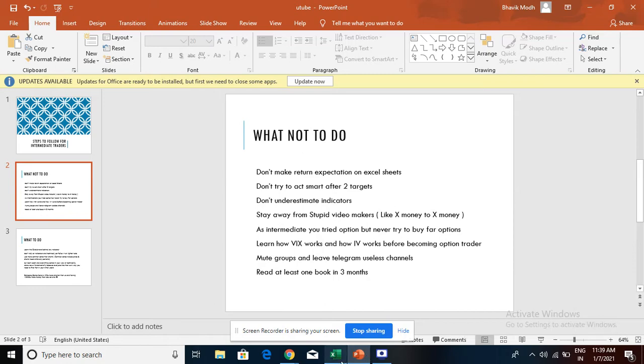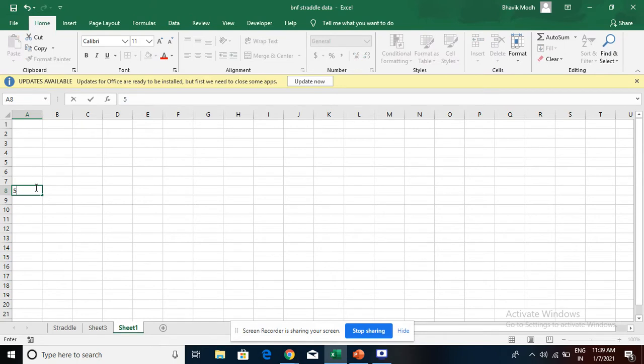If he can make 25,000 to 5 lakh, which is 20 times, then we can make 20 times of 5 lakh also, which is 1 crore.